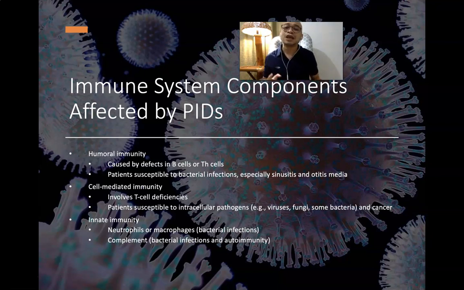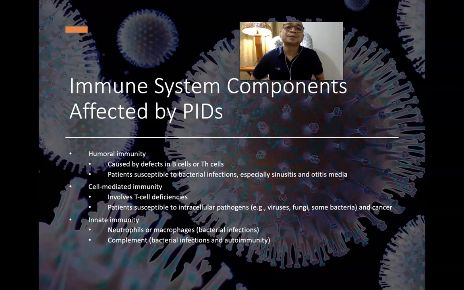Innate immunity can also be affected by primary immunodeficiencies. When we say innate immunity, this also refers to natural immunity or non-specific immunity. Here, neutrophils or macrophages would be affected, and as we all know, these are important for phagocytosis.